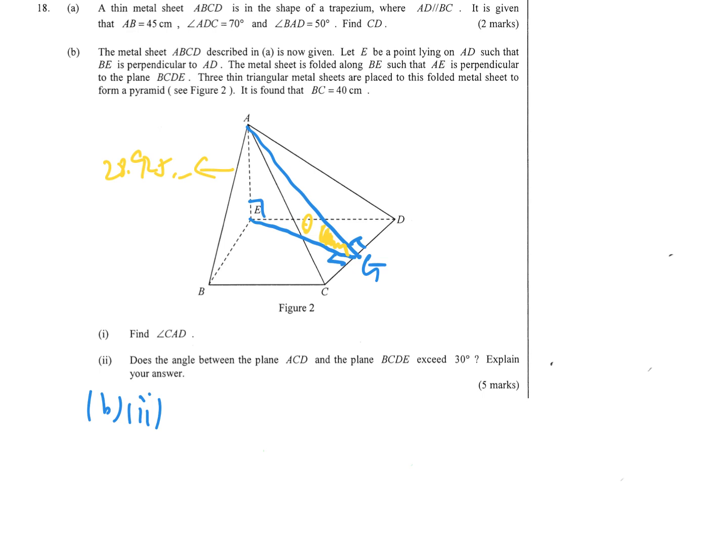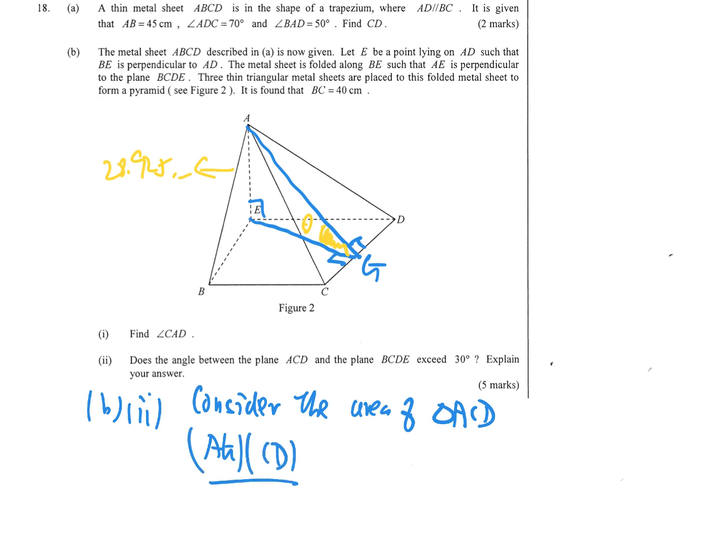the area of a triangle, there are two or three ways to calculate it. One very basic skill is base times height over 2. So for this, consider the area of triangle ACD. First method: AG times CD over 2.